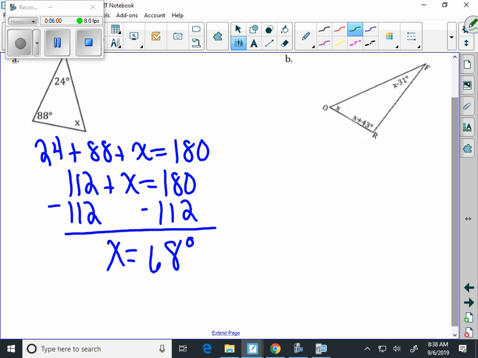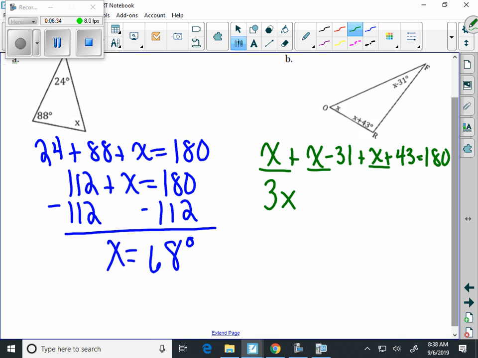Over here on letter B, we've got some more variables. Not quite as straightforward, but it's still the same idea. When we have a triangle, all three angles, we've got an x, we've got an x minus 31, we have an x plus 43. All three of those angles have to be 180. Then we use our algebra skills. 3x, negative 31 plus 43 is 12, equals 180.